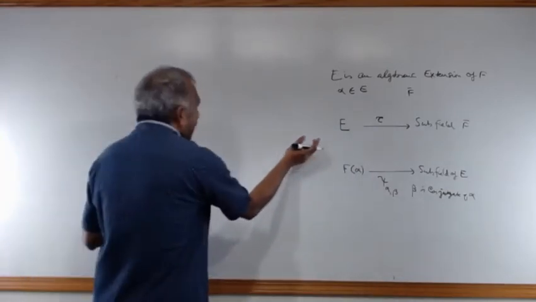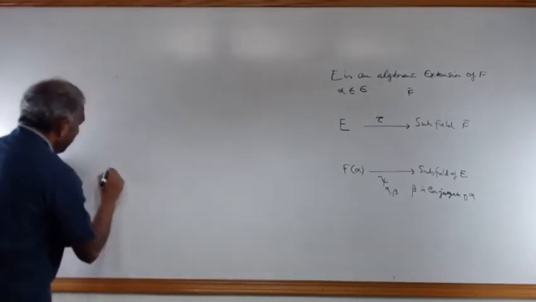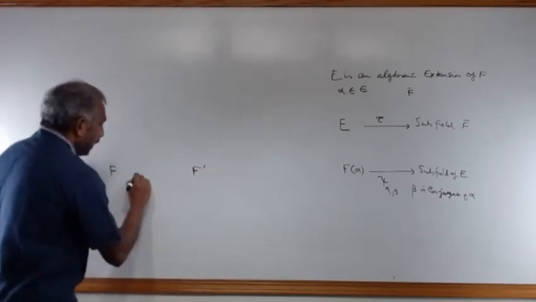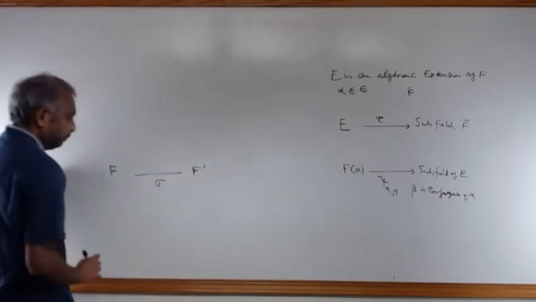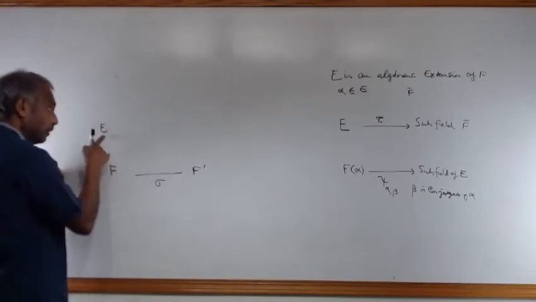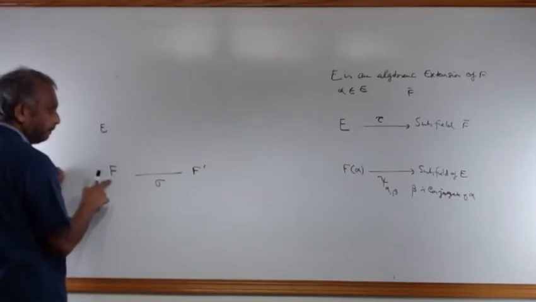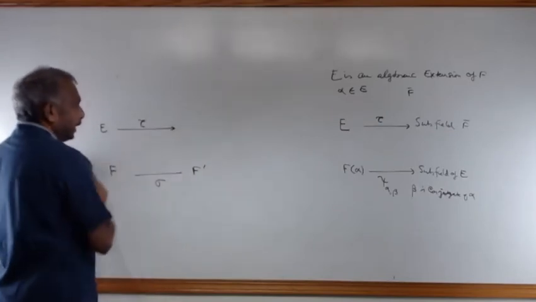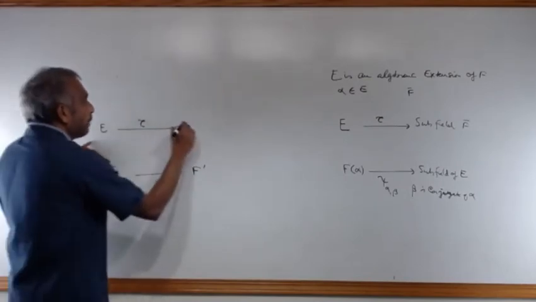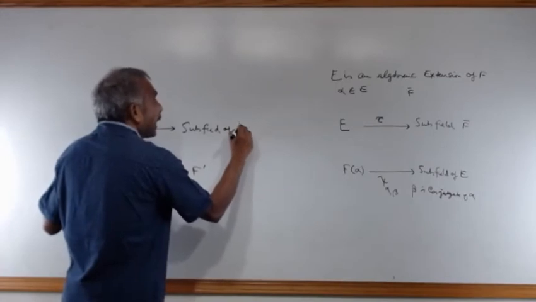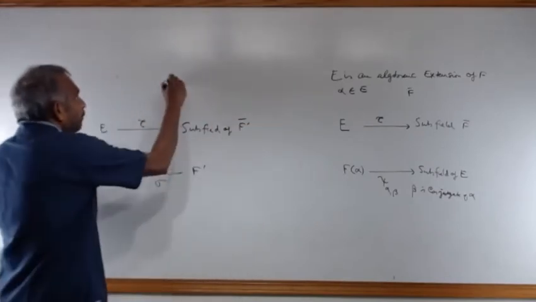If you want to generalize this, it's going to be like if F is a field and F prime is another field, and there is an isomorphism here, and E is an algebraic extension of F, then can we have a tau from E to a subfield of F prime closure?